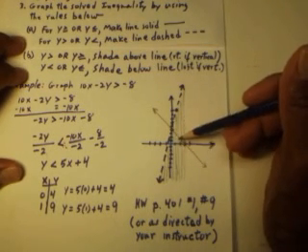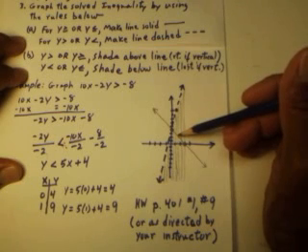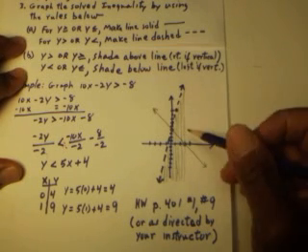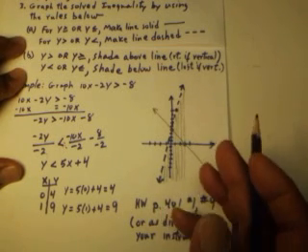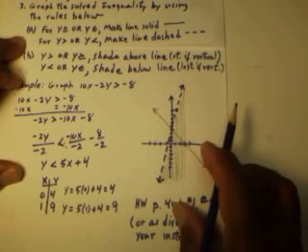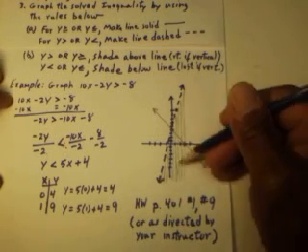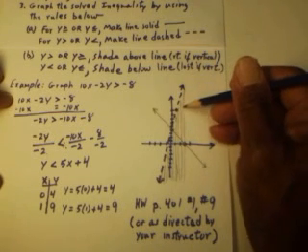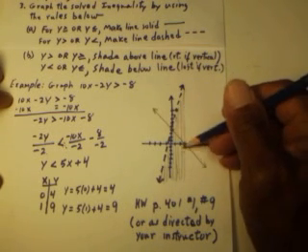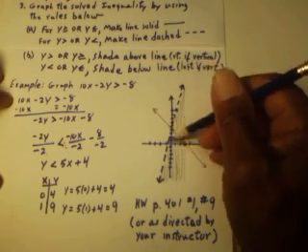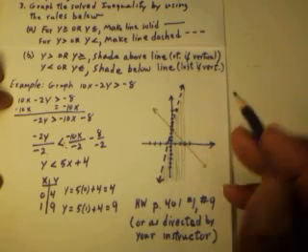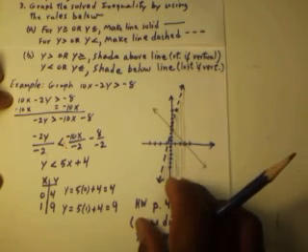And the solution is the place where the 2 graphs intersect. So to see clearly where the 2 graphs intersect, I'm not going to make my shading vertical like I did in the first case. Instead, I'm going to make my shading horizontal so that I can actually see where the 2 graphs intersect.